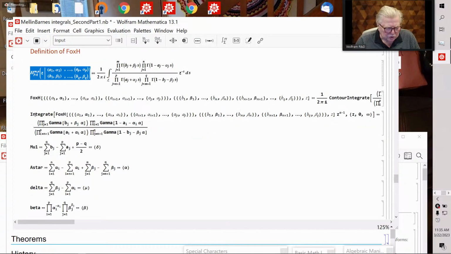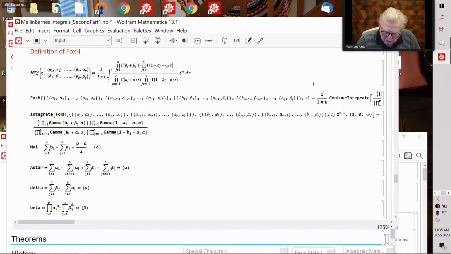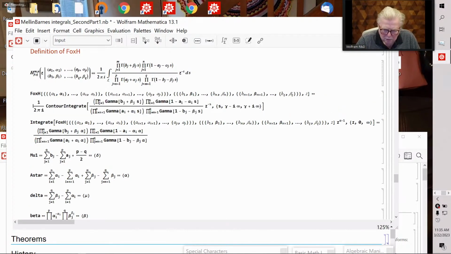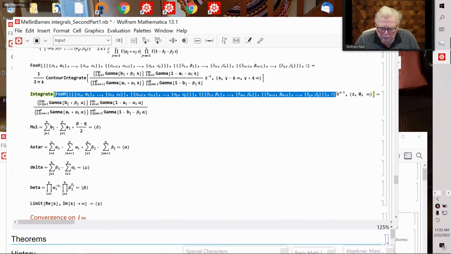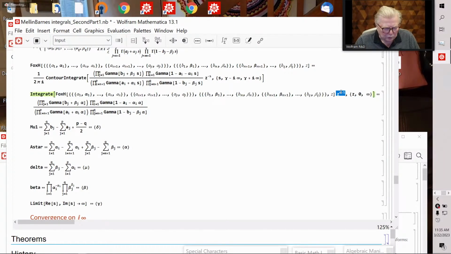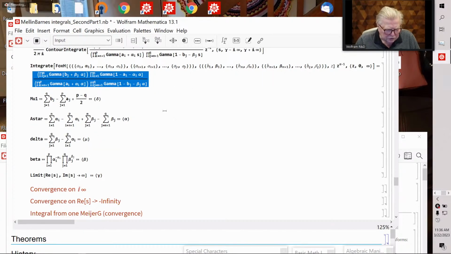I did not do this yet, but here we have a representation. And the integral from one Fox H, the Mellin transform from Fox H, is this result because it's the inversion of the previous integral.